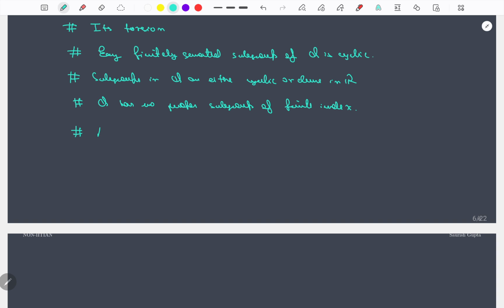And the last important property would be the automorphism group of Q is isomorphic to the group of units of Q. And the reason is very simple. You can argue the following: if f from Q to Q is a homomorphism, then f of p over q is of the form p over q times f of 1.